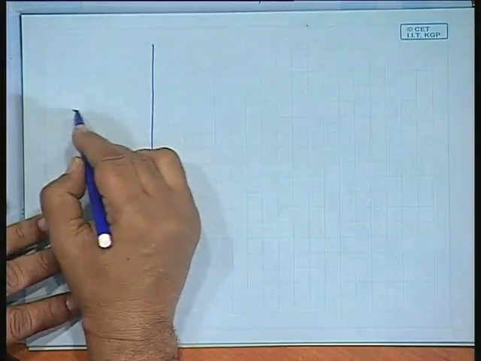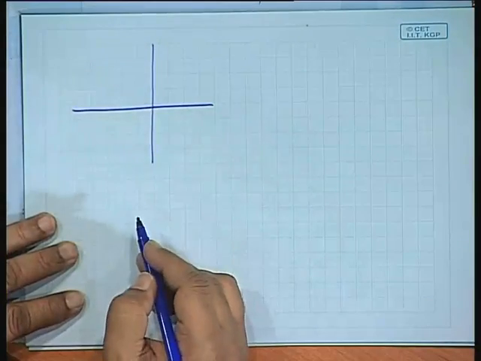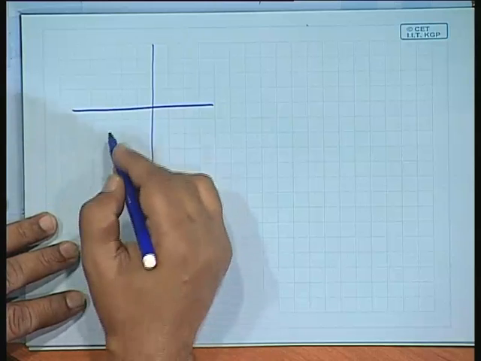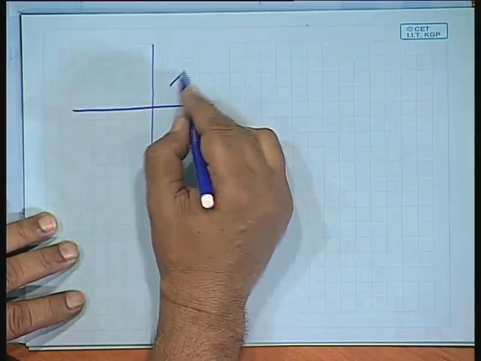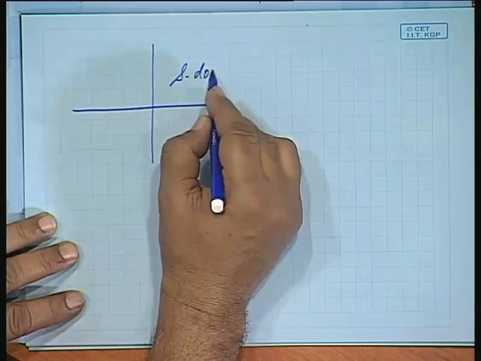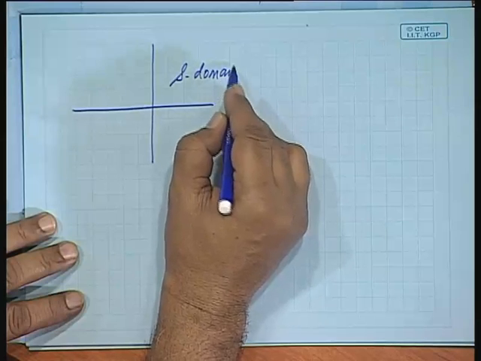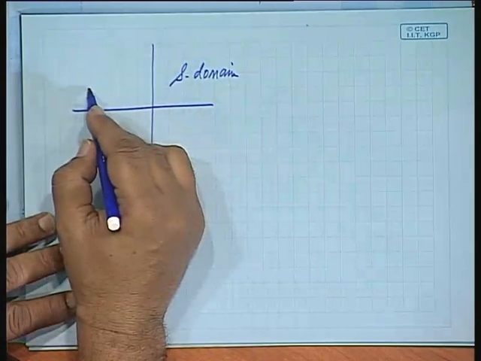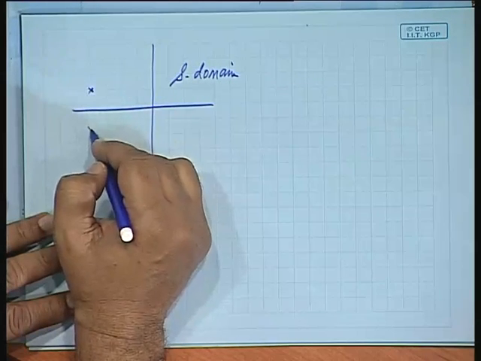Now, what are the limitations? Say, let us consider the impulse invariance. What is the difficulty in this? What is the mapping of the poles and zeros in the S domain? Suppose I have a set of poles and zeros.